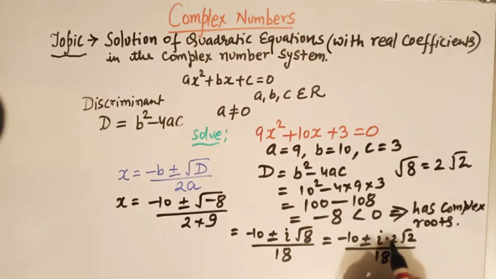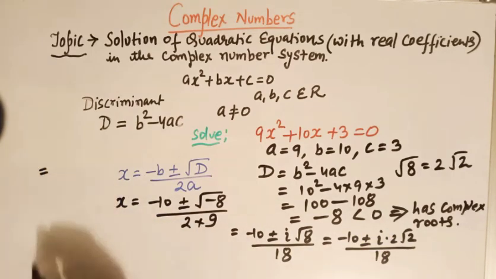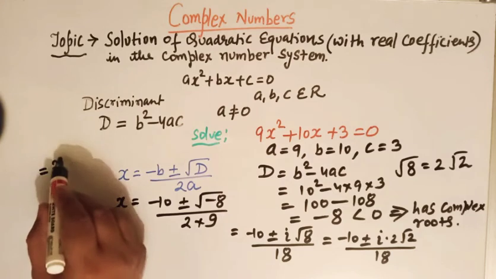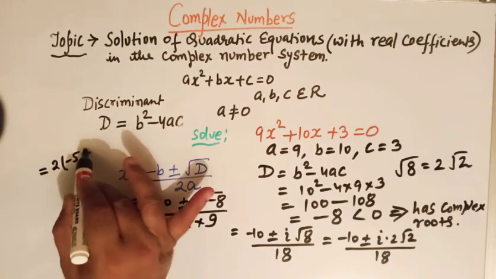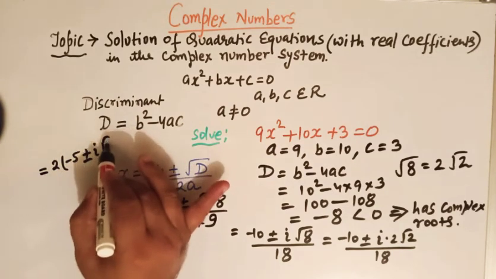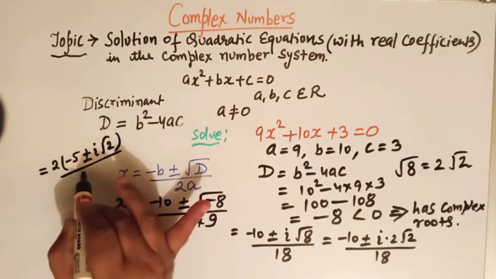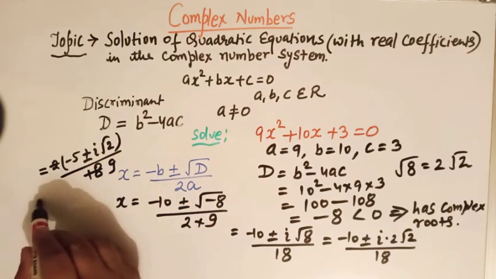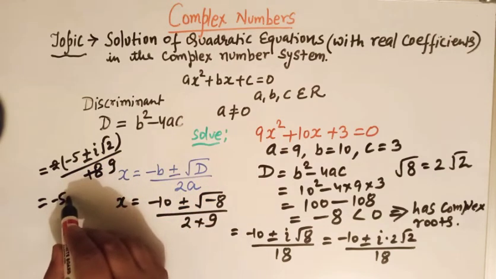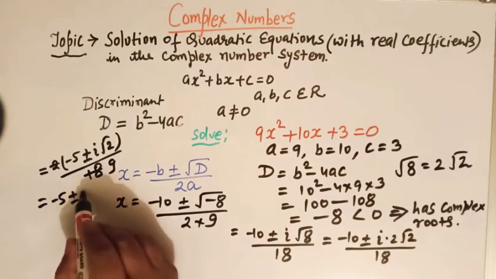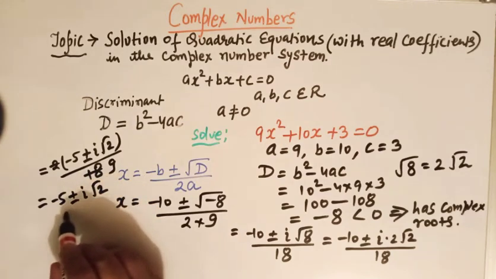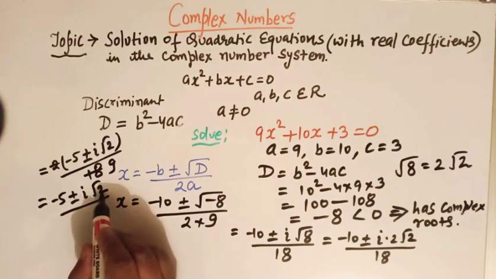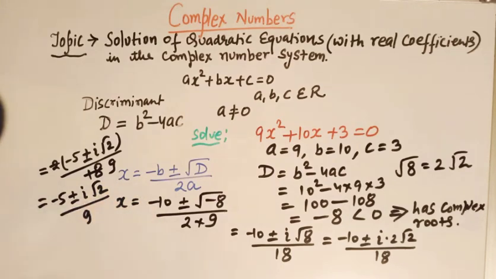Now taking 2 common from the numerator, we have 2 times minus 5 plus minus i root 2 divided by 18, and these 2 get cancelled here. 2 9s are 18, so we have minus 5 plus minus iota square root of 2 divided by 9.